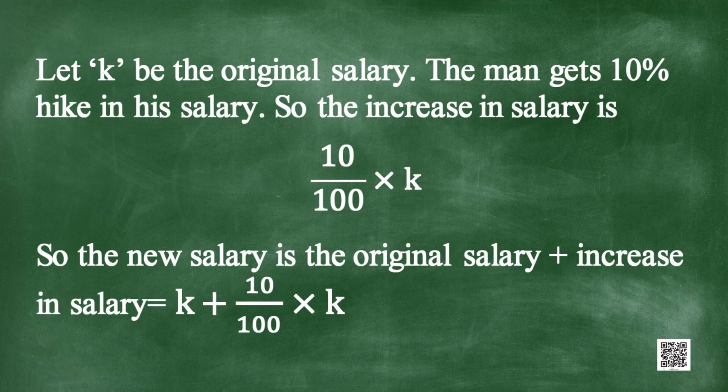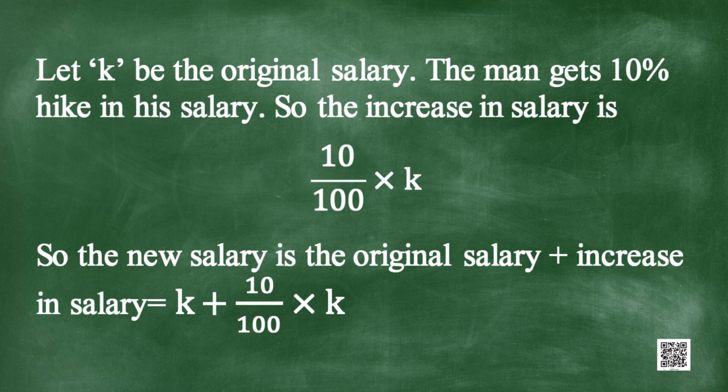If we take k to be his original salary, the man gets a 10% hike in his salary. So, the increase in salary is 10 by 100 of k, that is 10 by 100 multiplied with k. So, the new salary is the original salary plus the increase in salary, which is equal to k plus 10 by 100 times k.